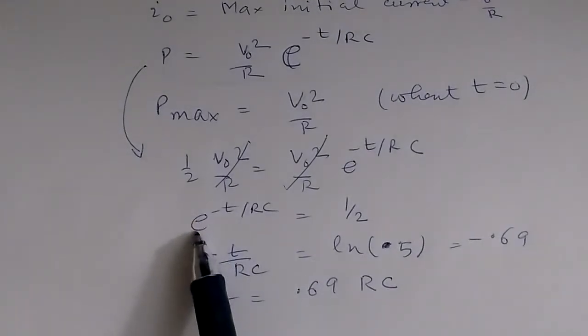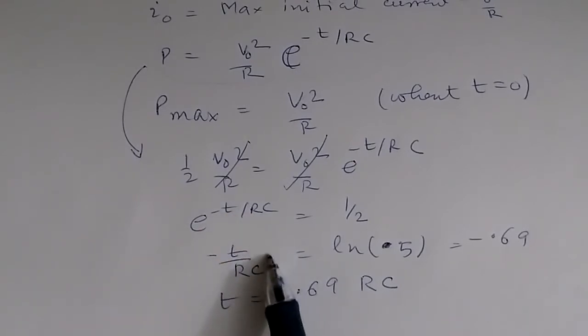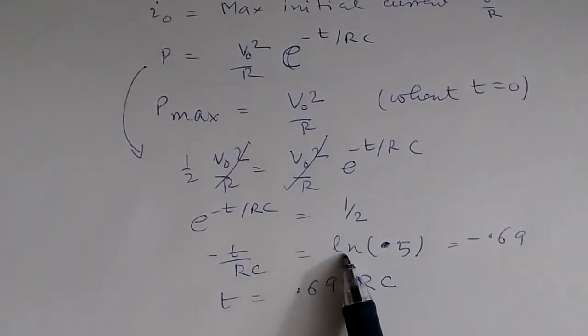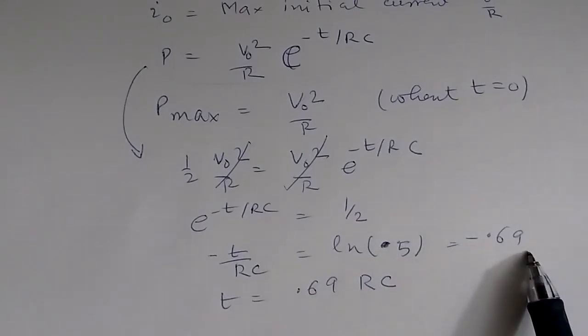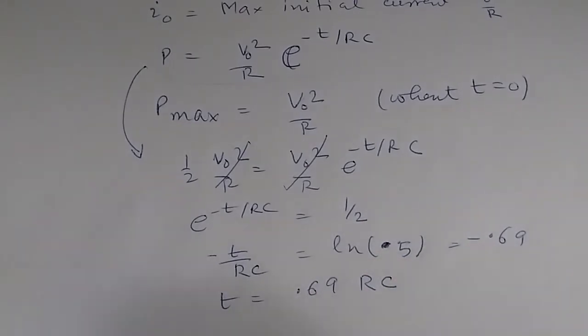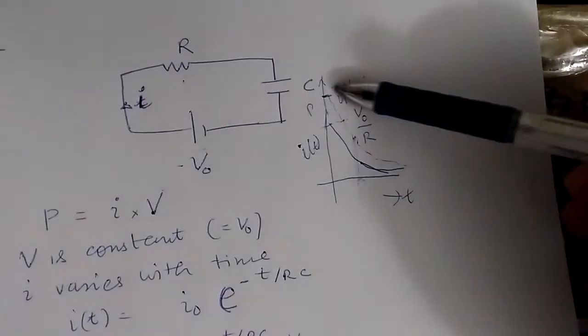Log e to the base e is 1, so this becomes minus t by RC, which is equal to log of 0.5, which is minus 0.69. So t becomes 0.69 multiplied by RC, where RC is called the time constant. After this much time, the power delivery will become half of its initial value.